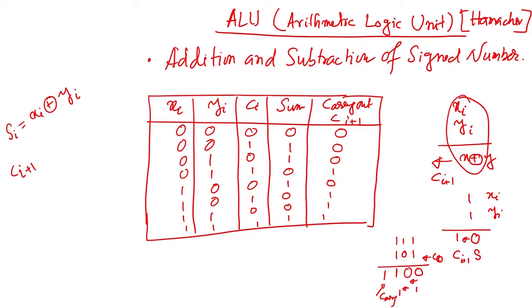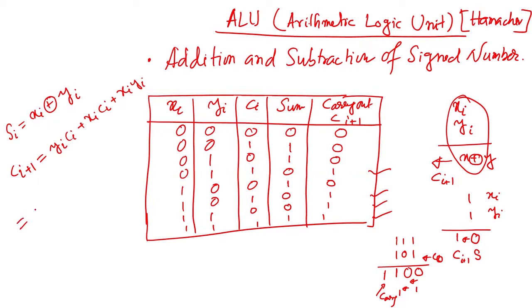So, what will be the carry out? Carry out will be at positions 1, 2, 3, 4, and then finally what will we get as the result? You will get y I C I plus x I C I plus x I y I, that you can compute right here.